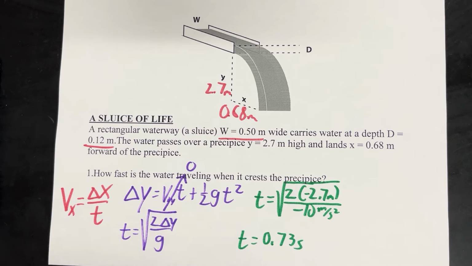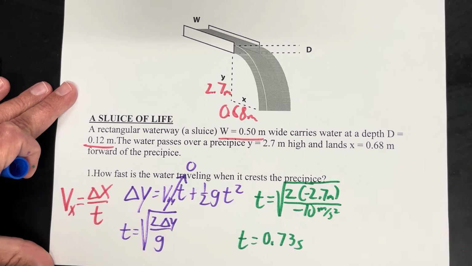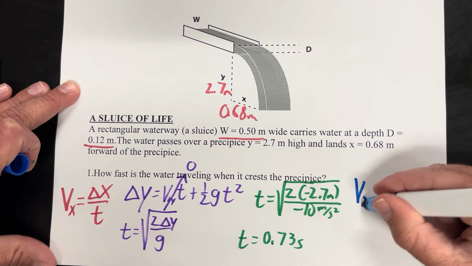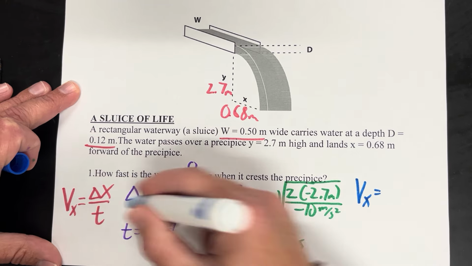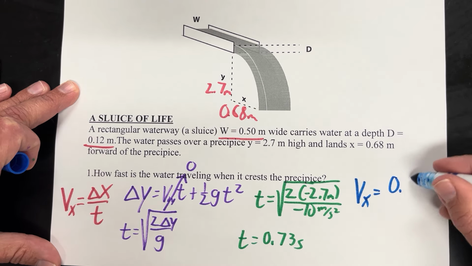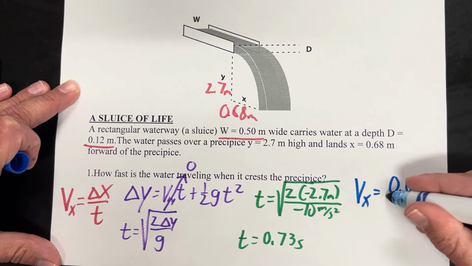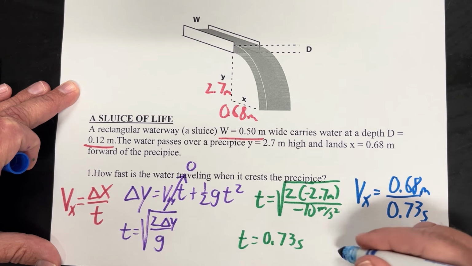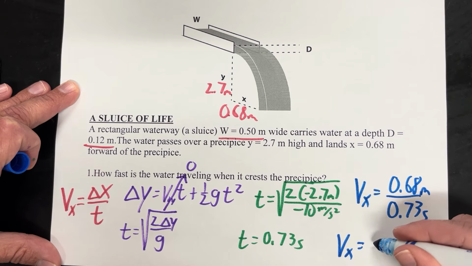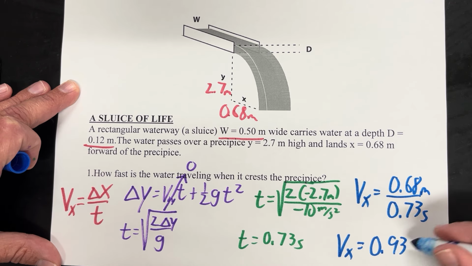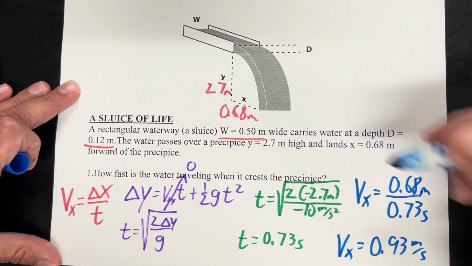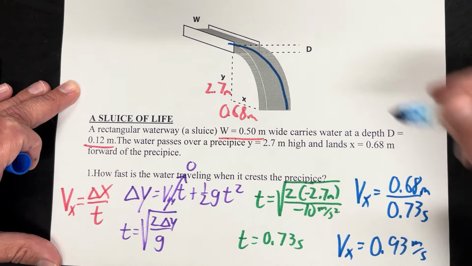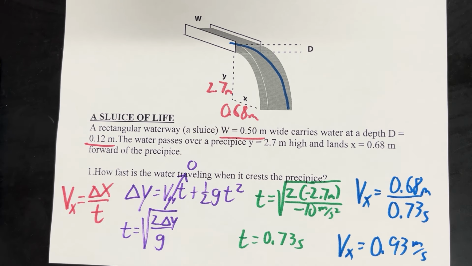The last step we need to do is come back to here and find that our velocity in the x direction is our x displacement, which is 0.68 meters, divided by the time it took to fall, which was 0.73 seconds. And so our x velocity is 0.93 meters per second, which is the speed coming off of that cliff.